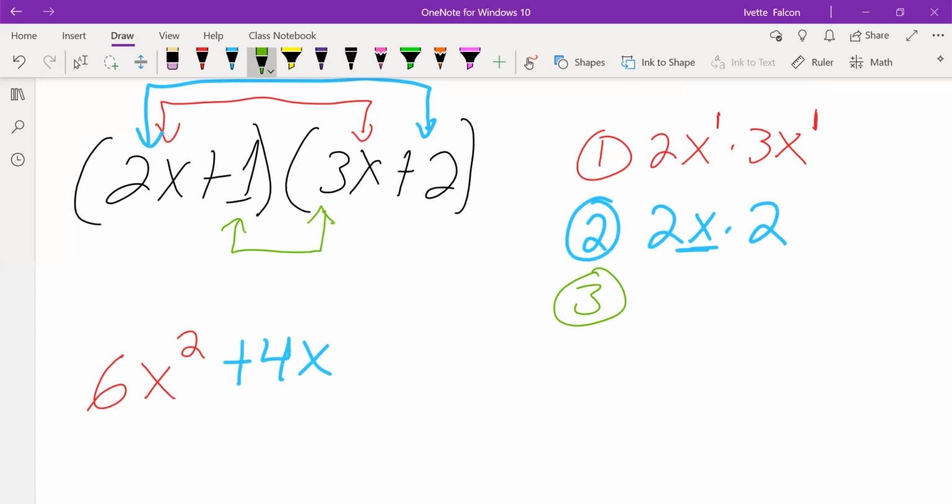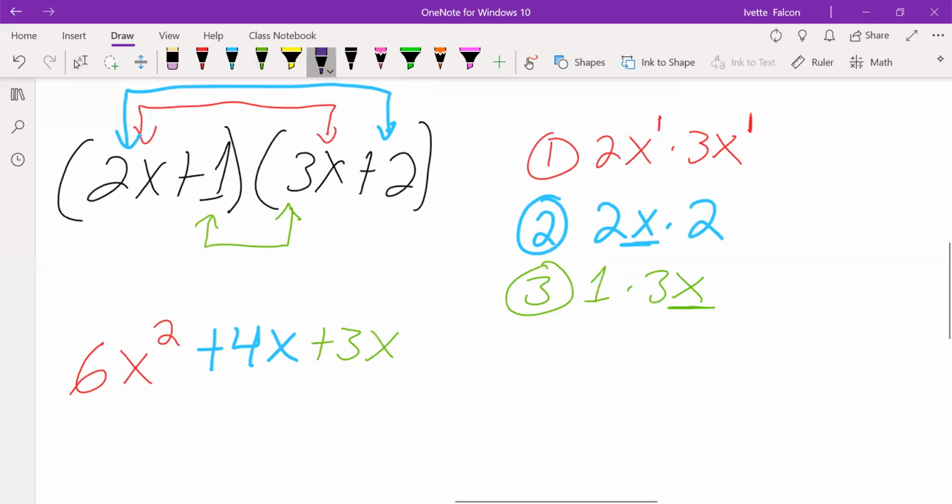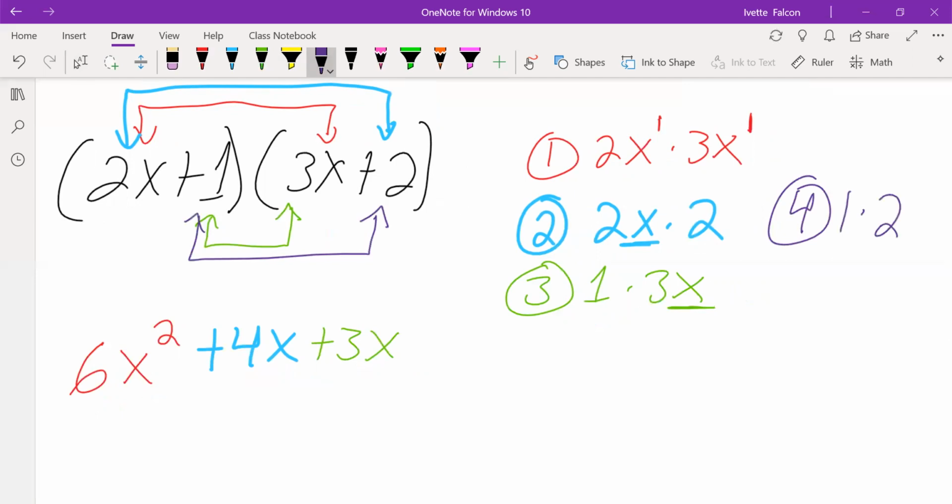So 1 times 3x, 1 times 3 gives me a positive 3. It has the letter x, so we copy that letter x. And the last multiplication, number 4, is the last one times the last one. So 1 times 2 is a positive 2.